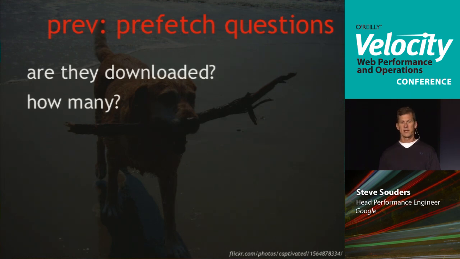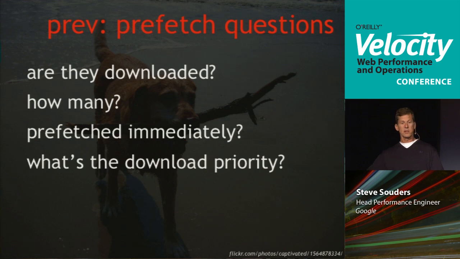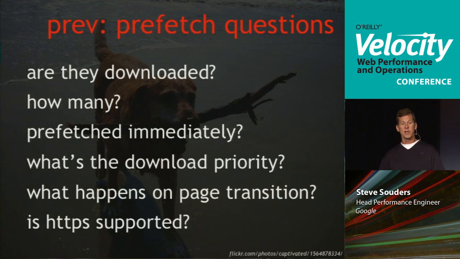How many things will it download? Will it do it immediately, or does it happen later in the page, after onload maybe? What's the priority against other downloads that are in the page? I want my stuff to get downloaded, but I don't want to screw the current page that I'm on. What happens when the user transitions to that next page, whether it's the page I hope they're going to or some other page? And does it support HTTPS?